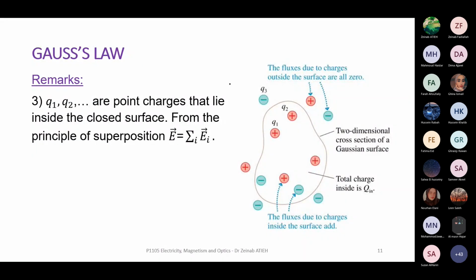Let's move on to the third remark. If we have many charges, what do we do?